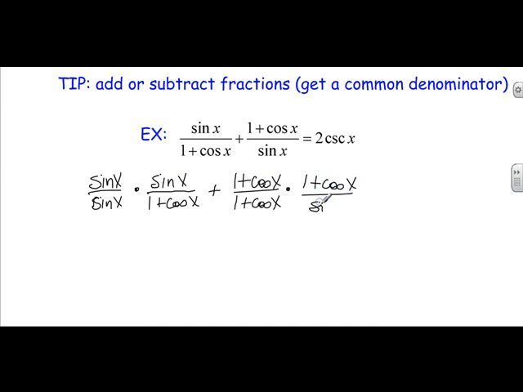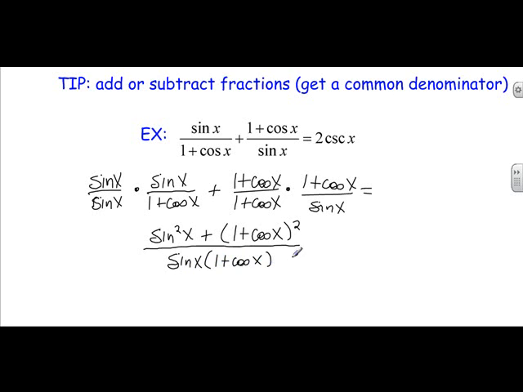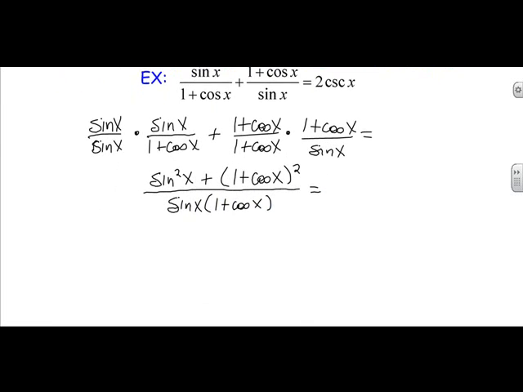So we have sine squared of x plus the quantity 1 plus cosine of x squared, all over the product sine of x times 1 plus cosine x. So thinking about what we might do next, I would probably recommend squaring that binomial 1 plus cosine x and seeing what happens.